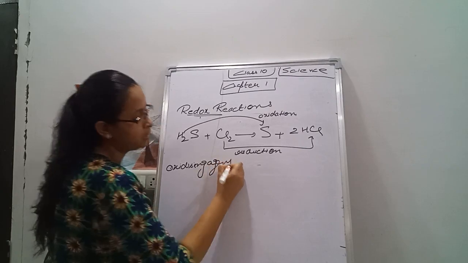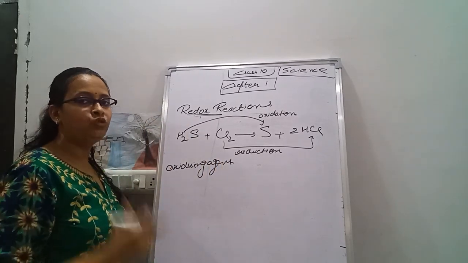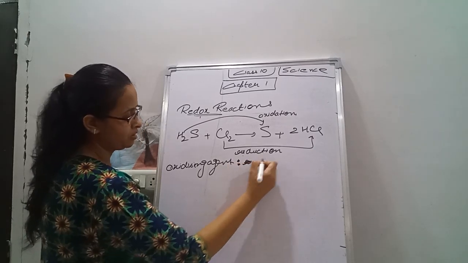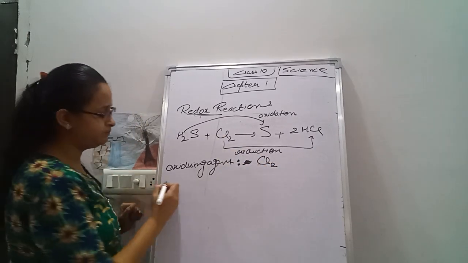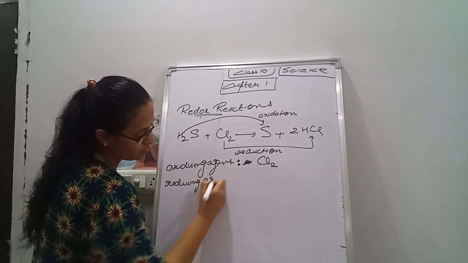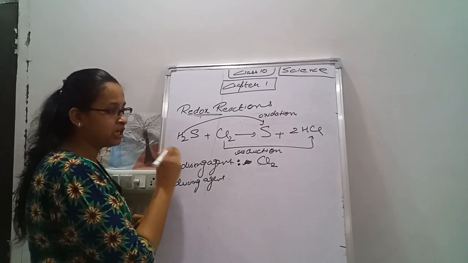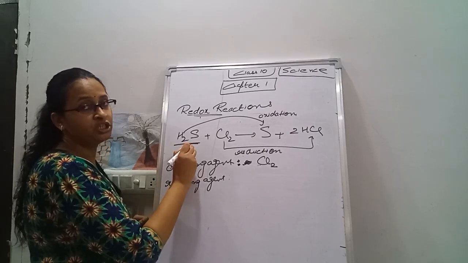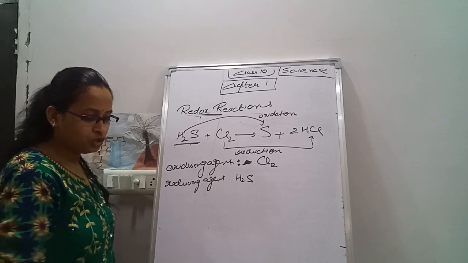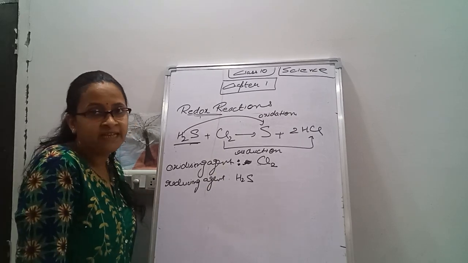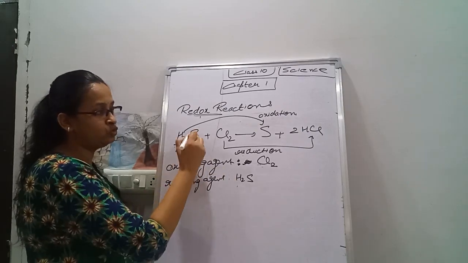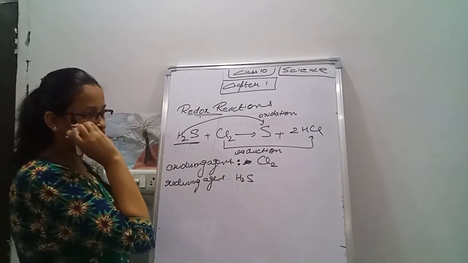Always keep in mind the element, the compound, the molecule which goes under the reduction reaction will be the oxidizing agent. Now the reducing agent: the compound that goes under the process of oxidation will be the reducing agent. So the substance which gets oxidized is the reducing agent, and the substance which gets reduced is the oxidizing agent.